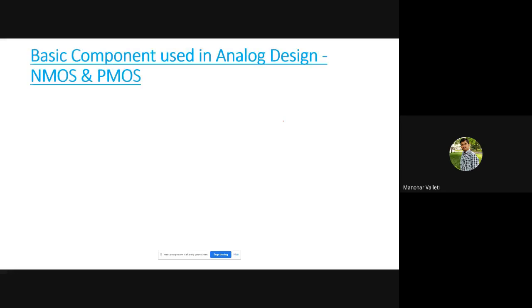We will now first focus on analog design, then only go for digital design. From now onwards, till the analog design completes, we will discuss only analog design. Digital design we will discuss after the completion of analog design.